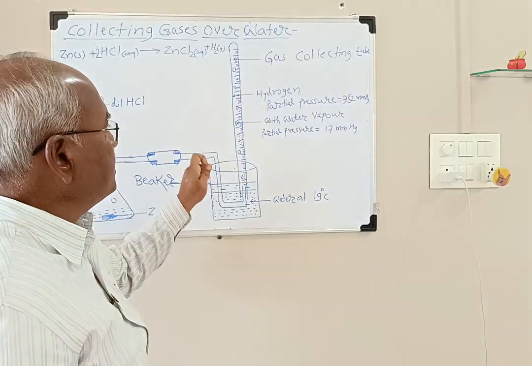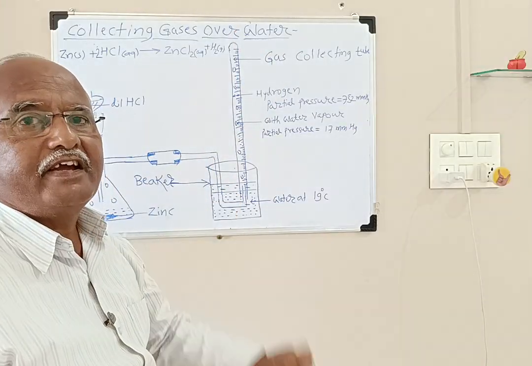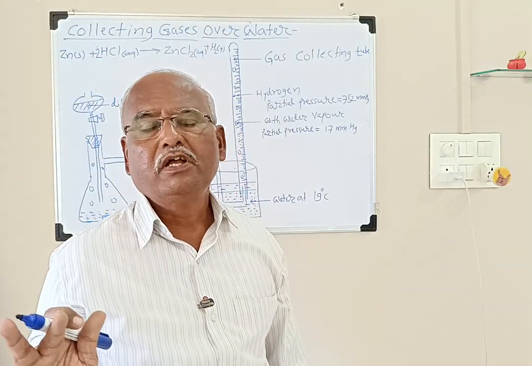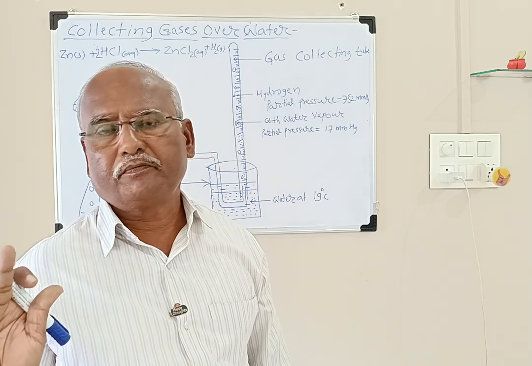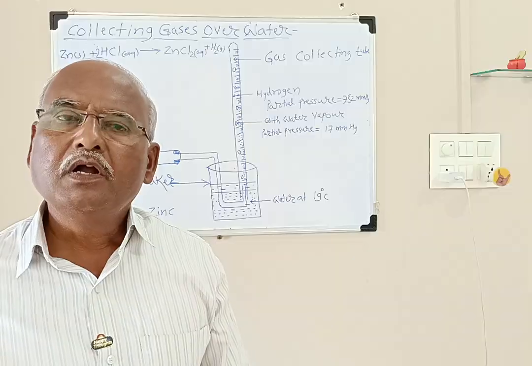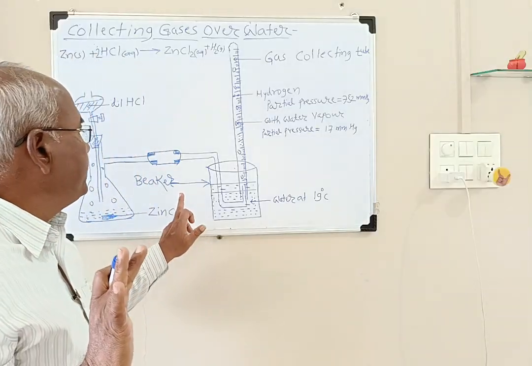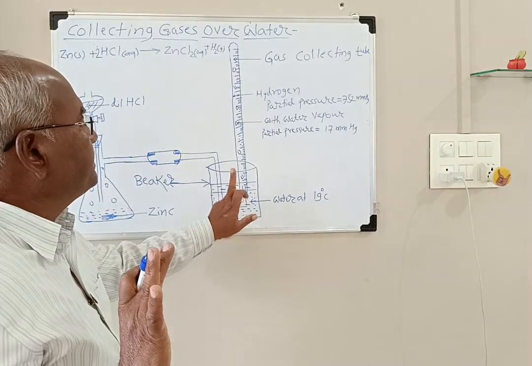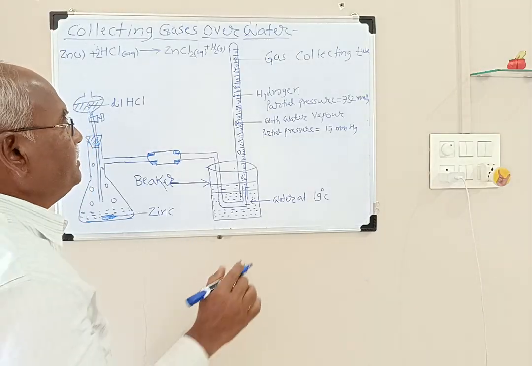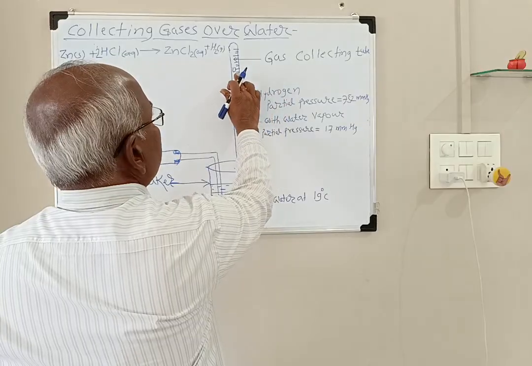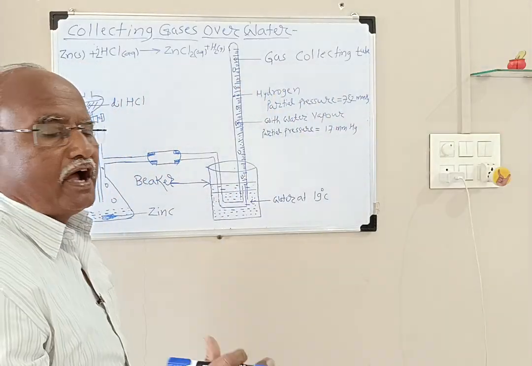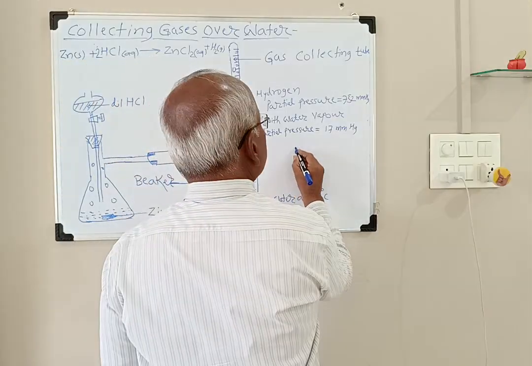The hydrogen which is collected also contains vapors of water, water vapors. So, the hydrogen which is collected by downward displacement of water is collected in the upper part of the gas collecting tube.